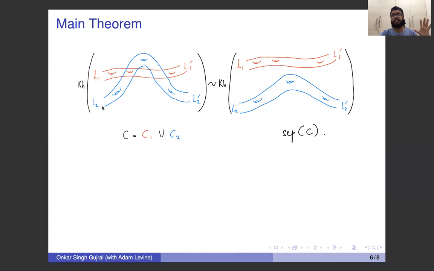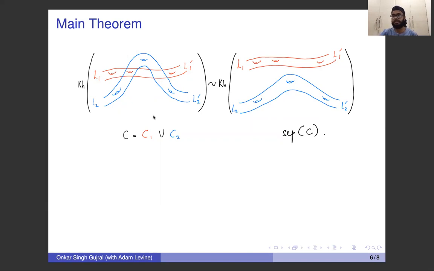So on the left end, the red and the blue components are split from each other. And similarly, on the rightmost end, L1 prime and L2 prime are split from each other. That is, the red and the blue components are split from each other on the two ends. However, in the middle, they're allowed to be linked up in some complicated way.